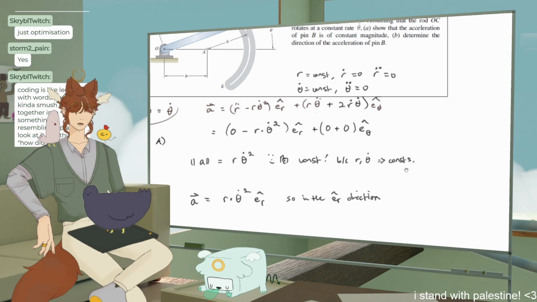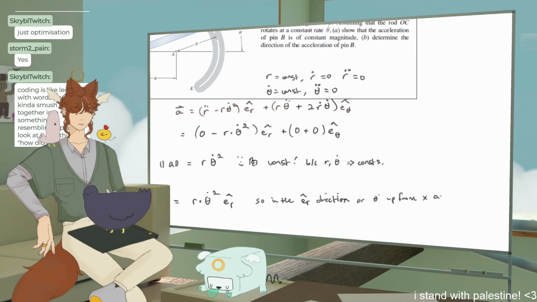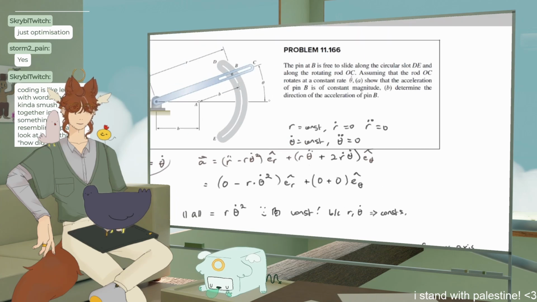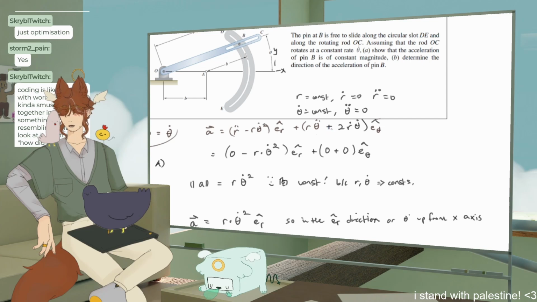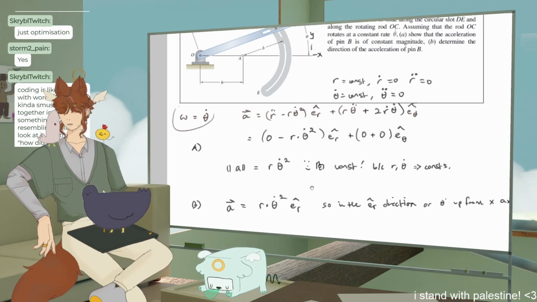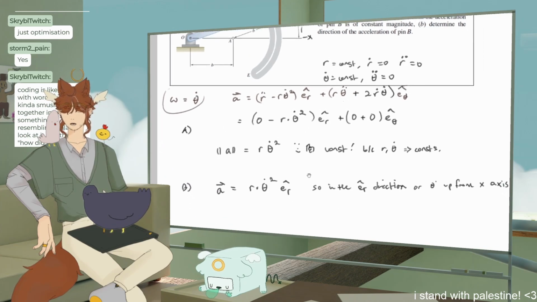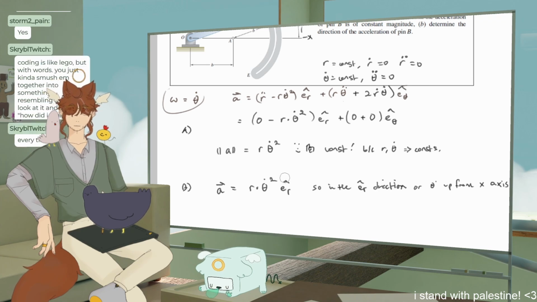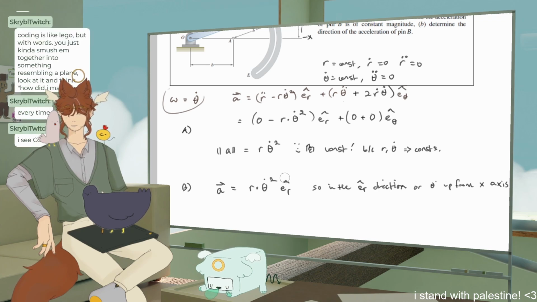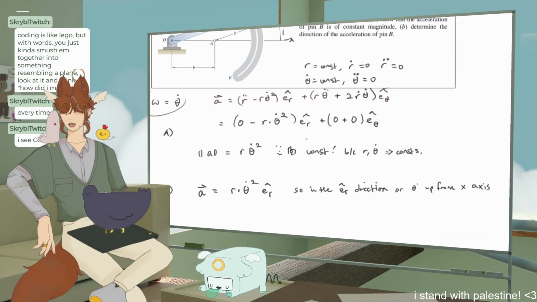In the e_r direction, I guess, or theta up from x-axis. Just really quickly, x, y. I think I overheard people in my class talking about this problem on Friday, and every time I see cos, they did a tangent for some reason.